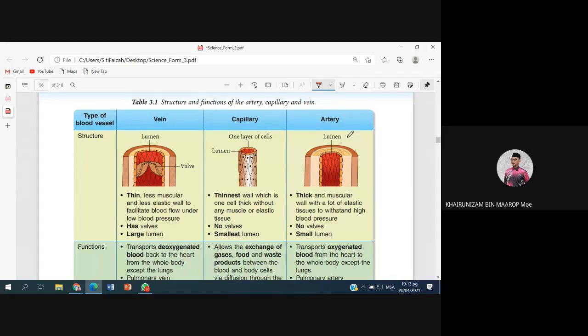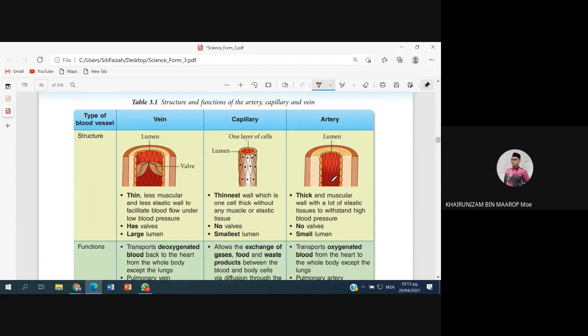And then this is the artery. The artery has a narrow, small lumen, and it has a thick, muscular wall to withstand high blood pressure, because blood flows inside the artery at high pressure.